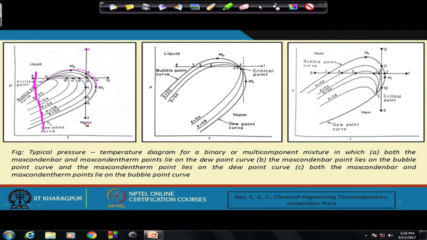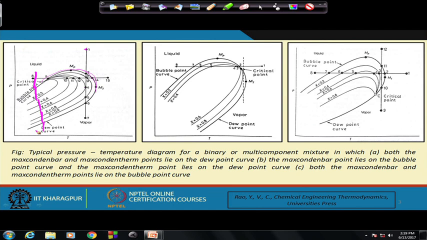A counterintuitive phenomenon which does not occur at lower temperature pressure conditions. This phenomenon is known as retrograde condensation, and here it is known as retrograde dew formation at constant temperature. This is what has happened here.